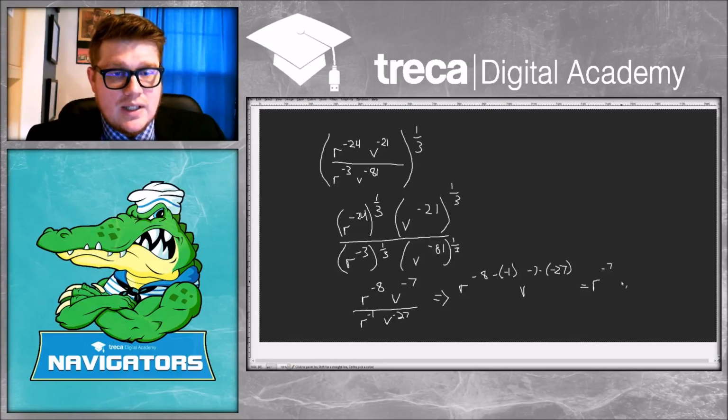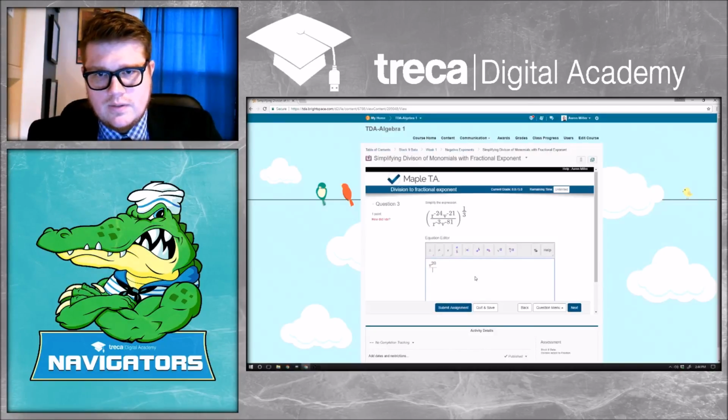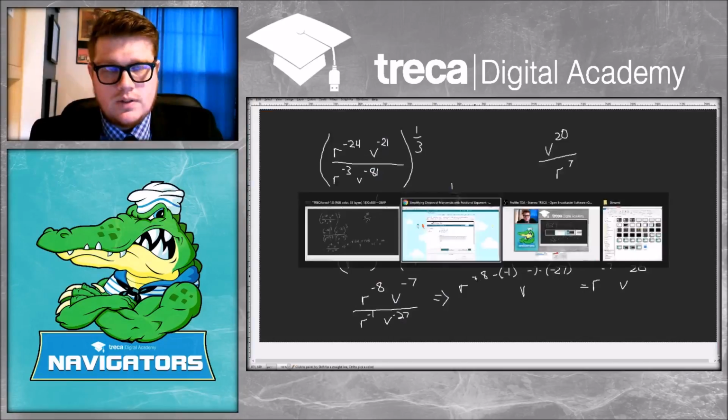So we'd have negative 7 plus 27. We'd have v to the 20th. Well, again, we have a negative r, so we'd end up with v to the 20th divided by r to the 7th.